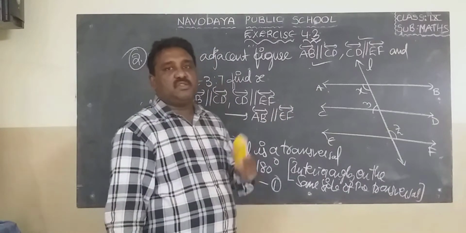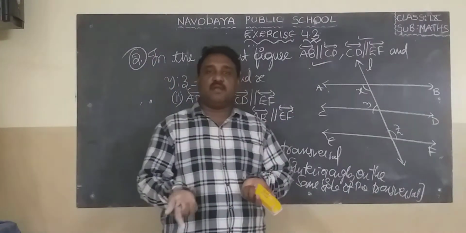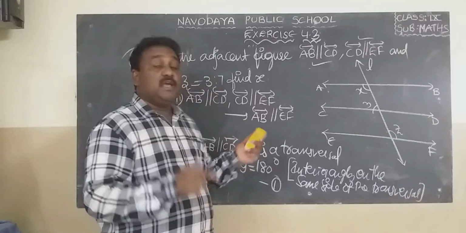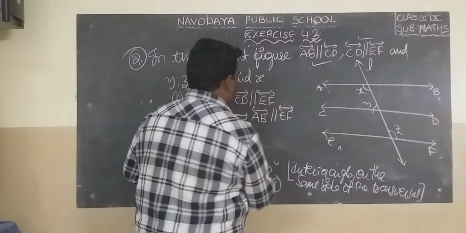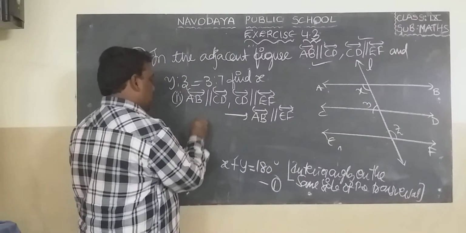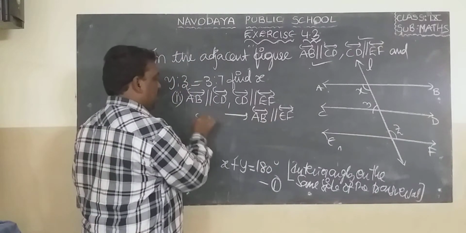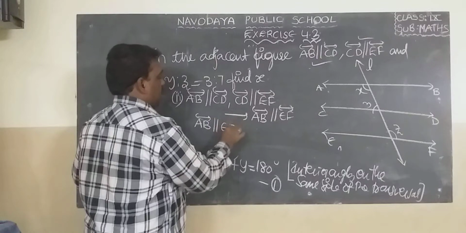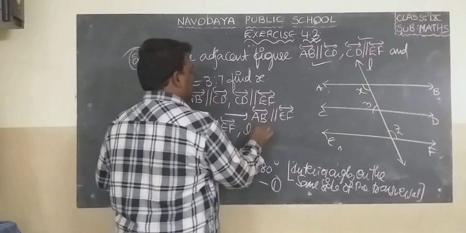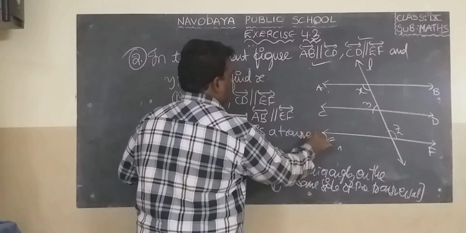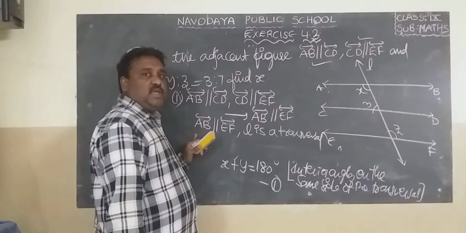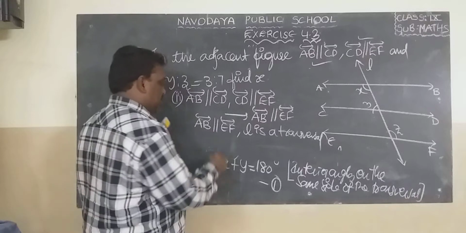First line parallel to second line, second parallel to third line, automatically first line parallel to third line. So AB parallel to EF, comma, L is a transversal.